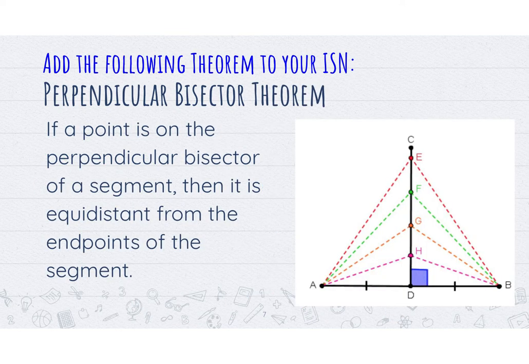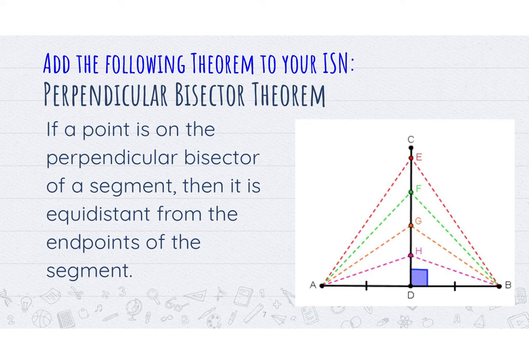And I also want you to add this following theorem to your notes. Just underneath the perpendicular bisector definition, on that same open page, you'll put a title that says Perpendicular Bisector Theorem, and you'll include these words that I've got on the slide, or put that in your own words that make more sense to you, and you'll want to include the picture.